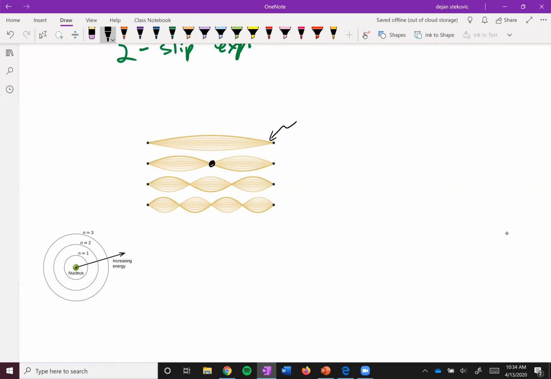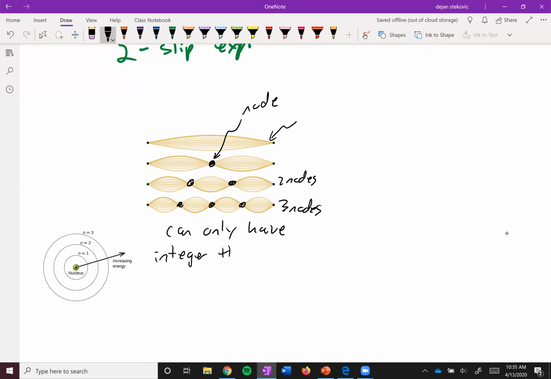Here we can have one node. A node is basically where it just stays at 0. We can have 2 nodes, or we can have 3 nodes. But there's no way to have this wave with 1.5 nodes, 2.5 nodes, 3.5 nodes. So we can only have an integer number of nodes. An integer is just a whole number, so 1, 2, 3, 4, 5 type of thing.